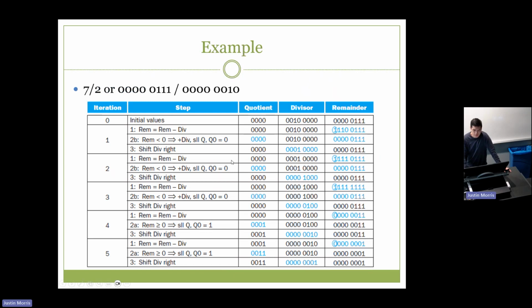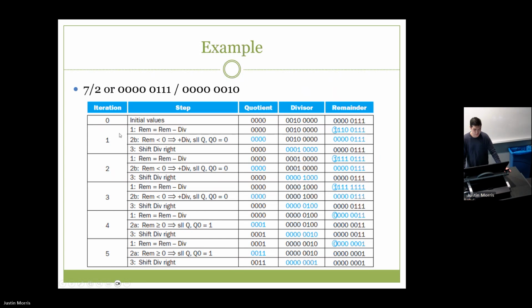Here is the simple hardware table. We have 7 divided by 2. This is 7, this is 2. The initial values: quotient is all zeros, the divisor goes into the left half of the divisor register, and the remainder holds our dividend.